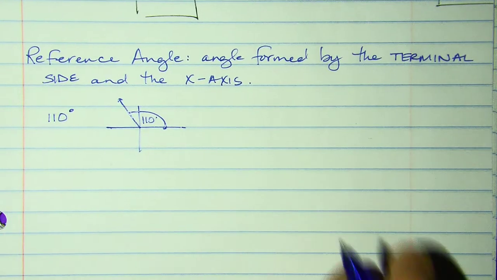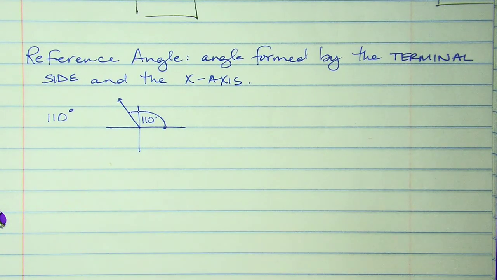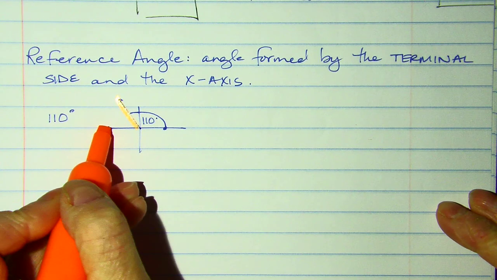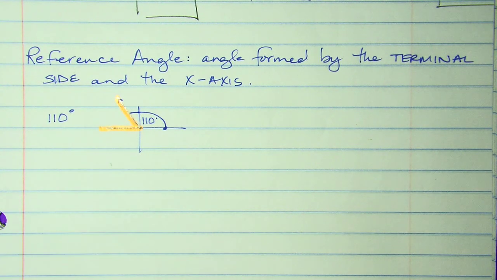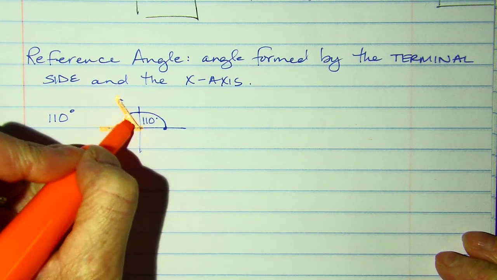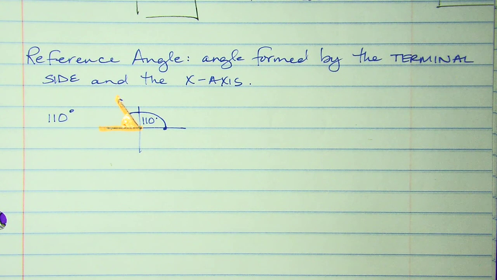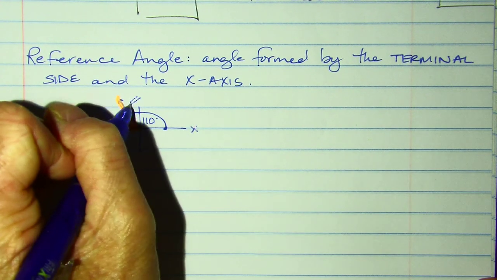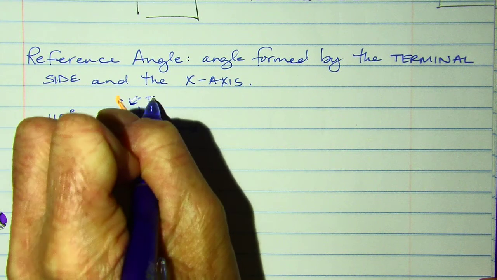So my reference angle is the angle formed between my terminal side and my x-axis. So they're looking for this angle here. This is my x-axis. That right there is my terminal side.